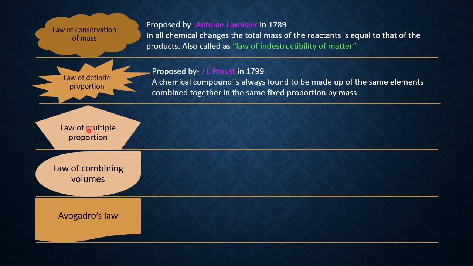What it says is, if you take the ratio of one element whose mass is fixed and the other whose mass is not fixed, they bear a simple ratio. That is the law. It is applicable when elements combine to form more than one molecule. There also the ratio is a simple whole number.